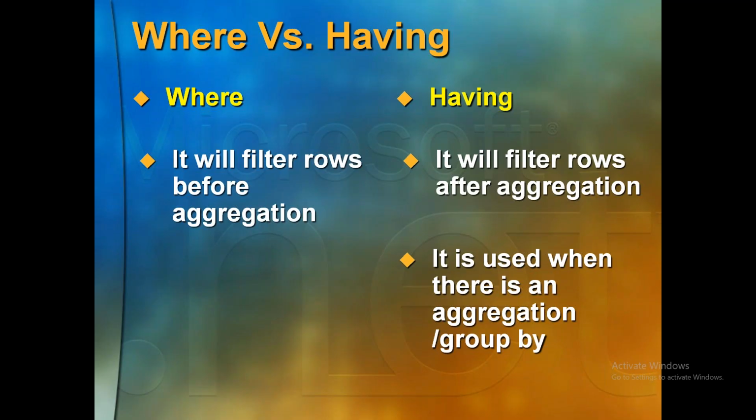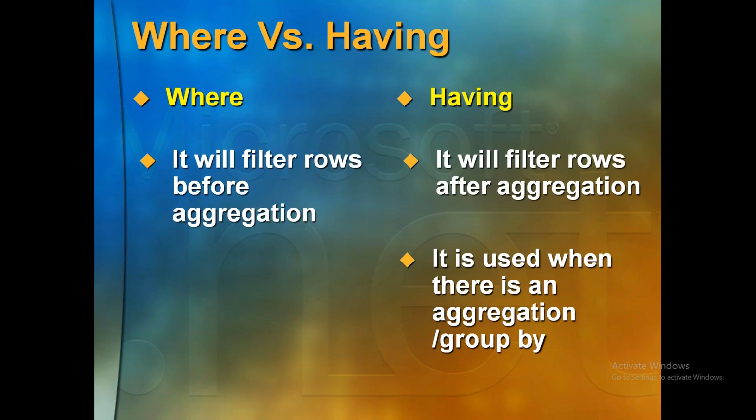Clear? What are the similarities between where and having? Both of them are used to eliminate rows. That is a similarity. But the difference is before aggregation, before group by, where is going to be executed, and after group by and aggregation, having clause is going to be executed. Clear?